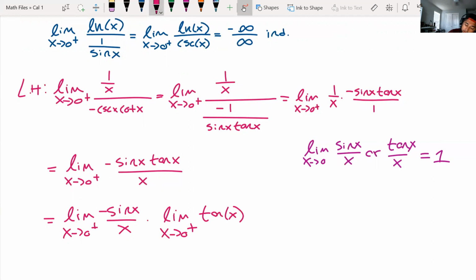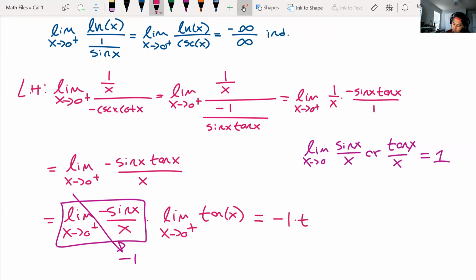Well, we know that this limit is going to what number? Negative 1. That's going to negative 1. Good. So this becomes negative 1 times the tangent at 0.